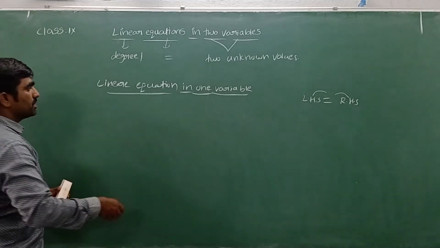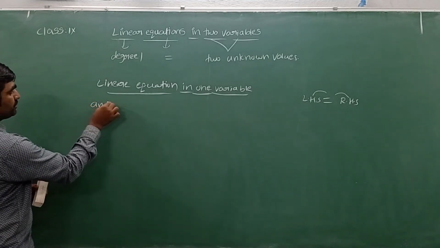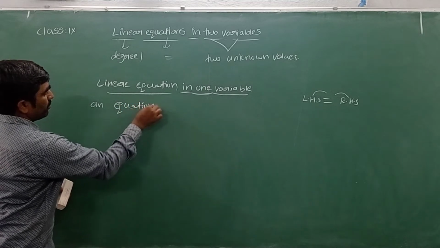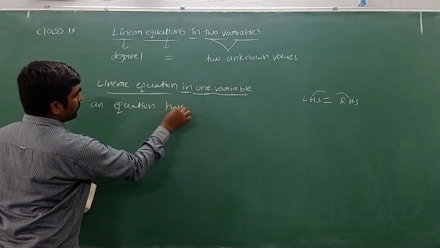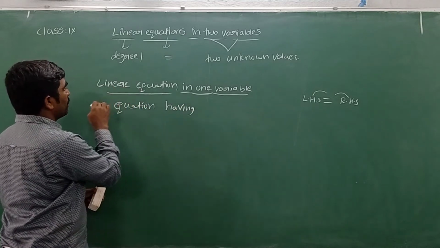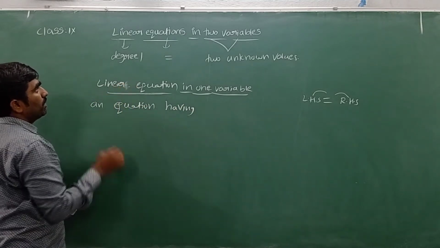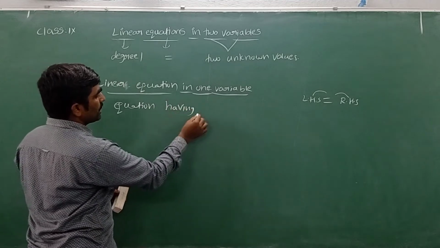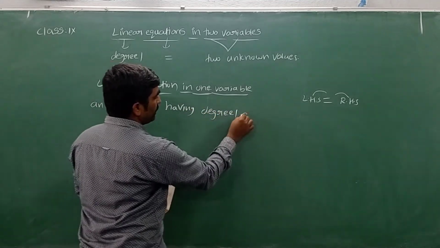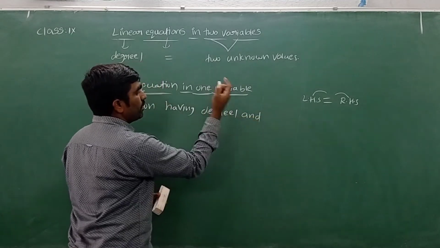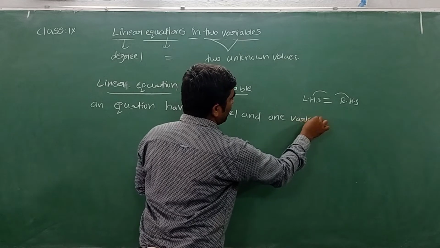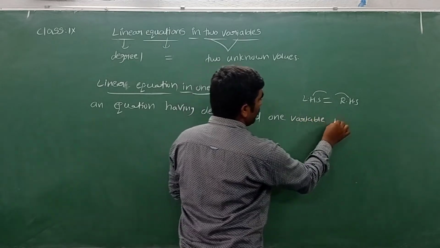So how can we write this definition? An equation having degree 1 and one variable is called a linear equation in one variable. Linear means what? Degree 1. An equation having degree 1 and how many variables? One variable.